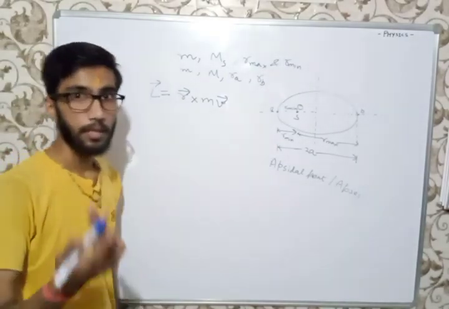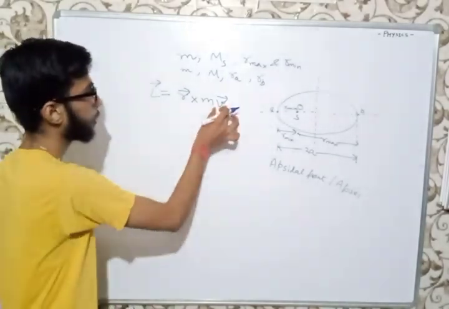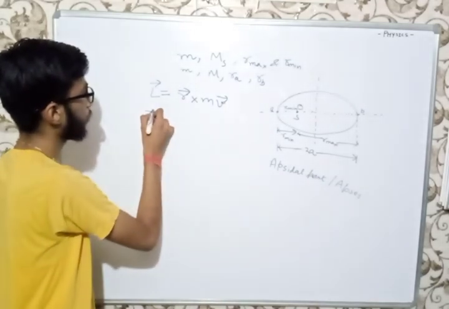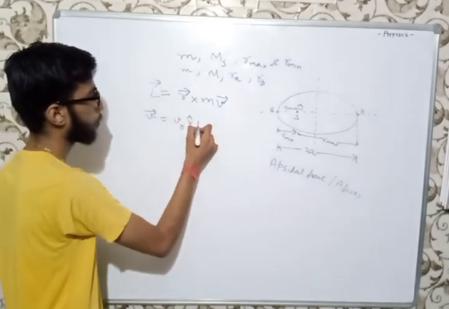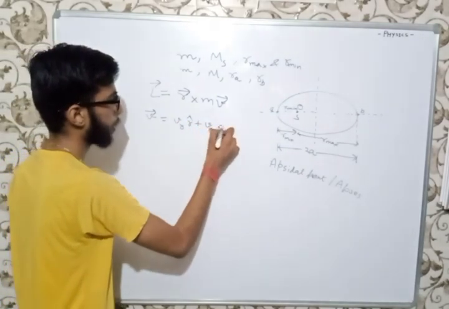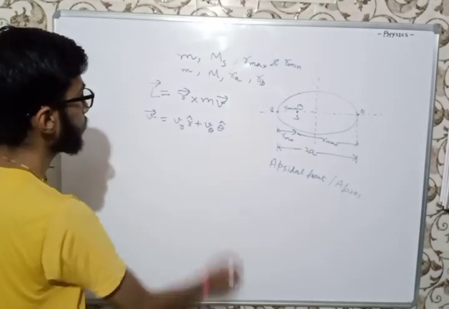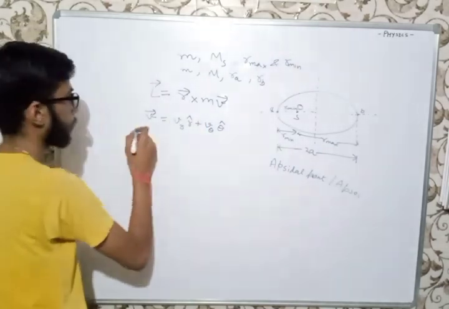I have discussed in my video that you can write the velocity vector in polar coordinates as v_r r cap plus v_theta theta cap, just cross with the r vector.